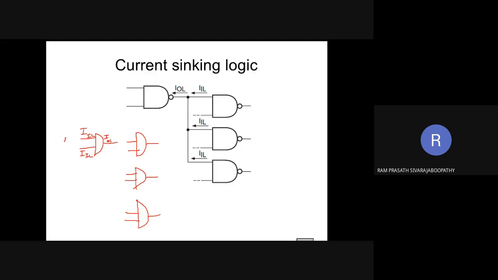Suppose here, A and B are ANDed and given to C. Fine. The next step.